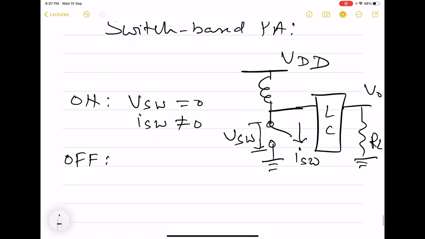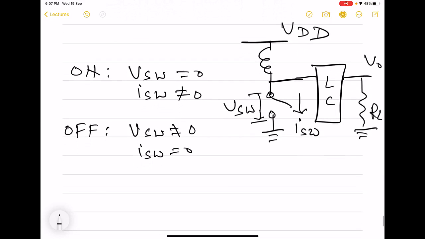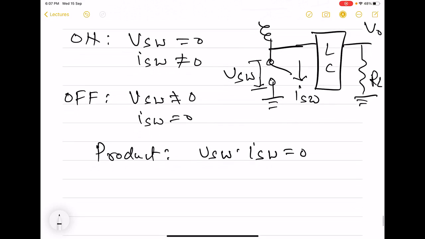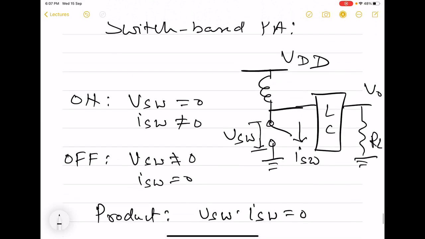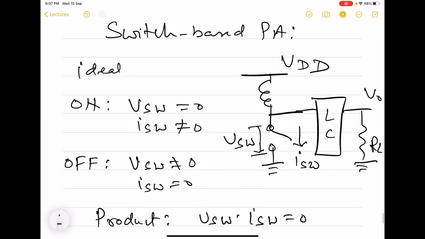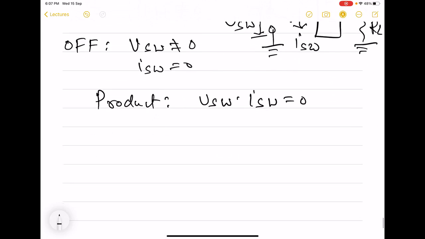However, when switch is off, in that case, V switch is going to be non-zero, but switch current is going to be 0. So what we see is that the product of V switch and I switch is always going to be 0. Of course, this is for the ideal switch. So ideal switch has this behavior.